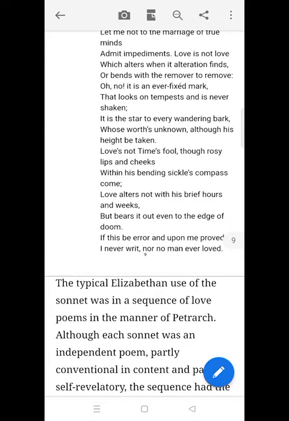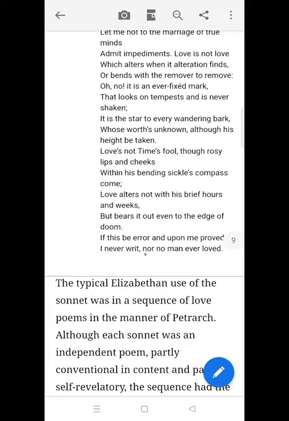Now further: Love's not Time's fool, though rosy lips and cheeks within his bending sickle's compass come. Love alters not with his brief hours and weeks.